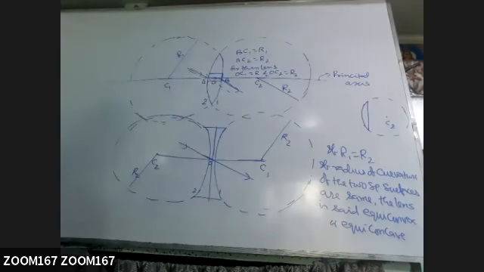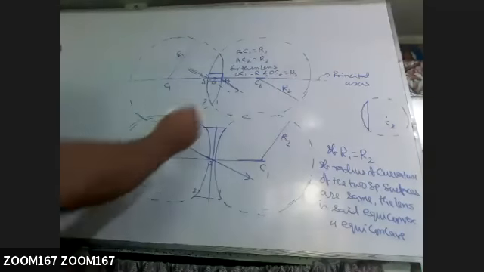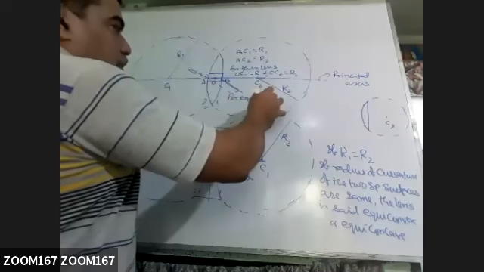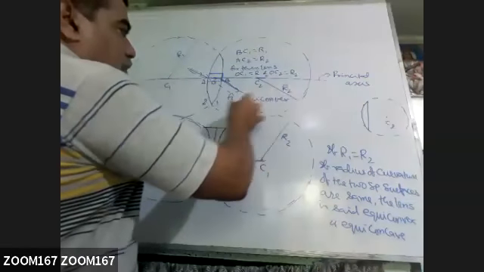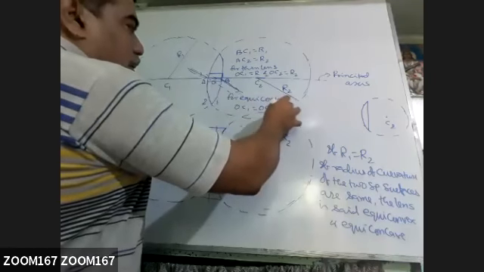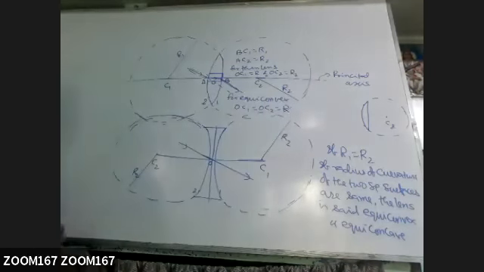So for equiconvex, both are equal. For equiconvex, OC1 equal to OC2, and that is R, the radius of curvature.